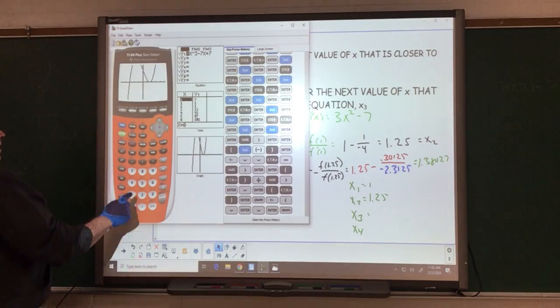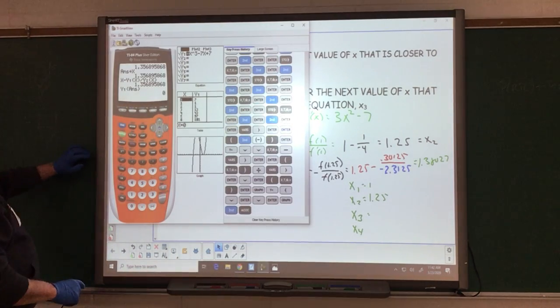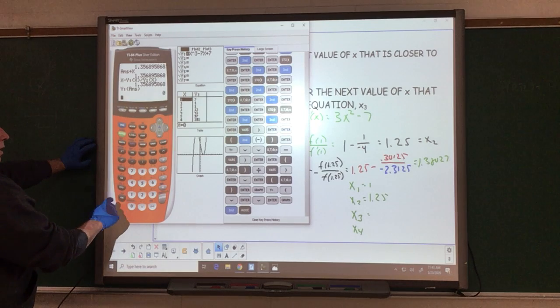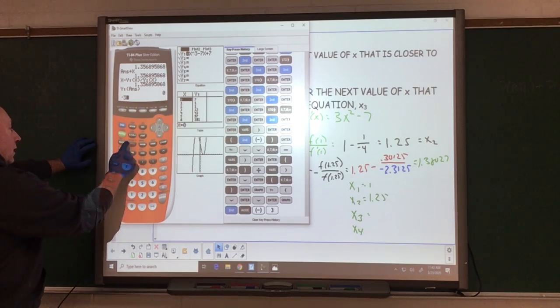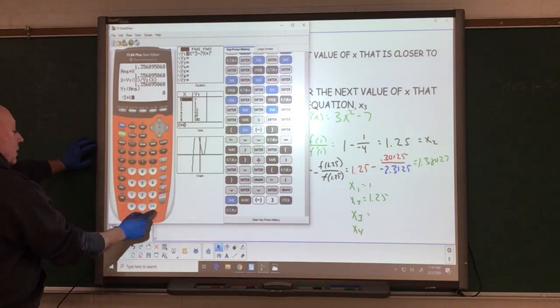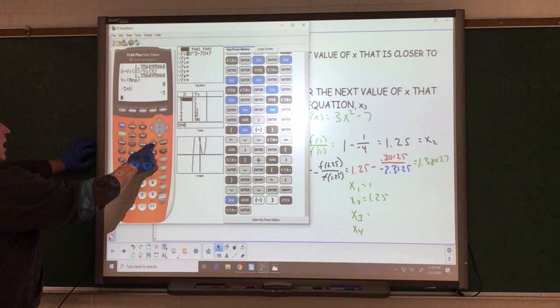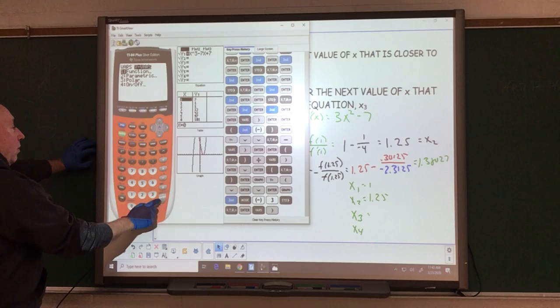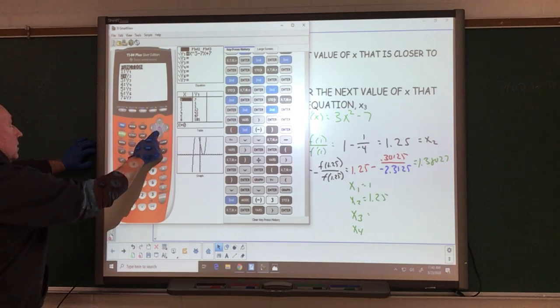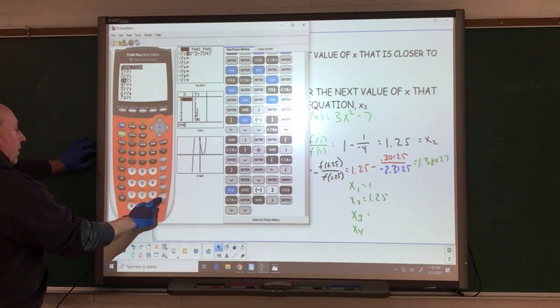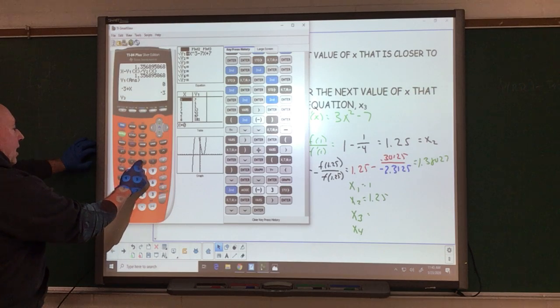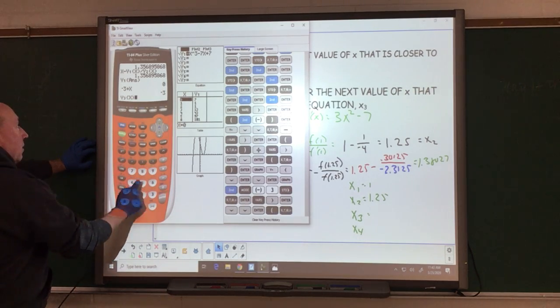And if I look at my calculator, if I second quit this, store -3 to x. Now, what I want to do is find our y3 value at this value of x.